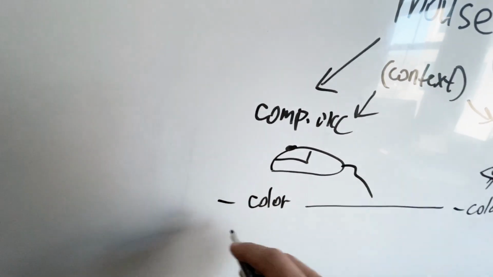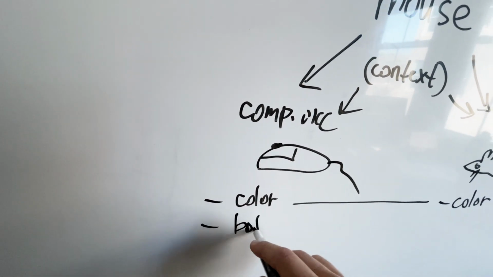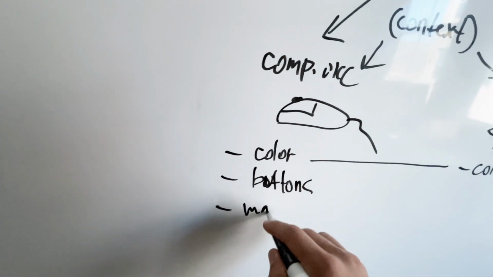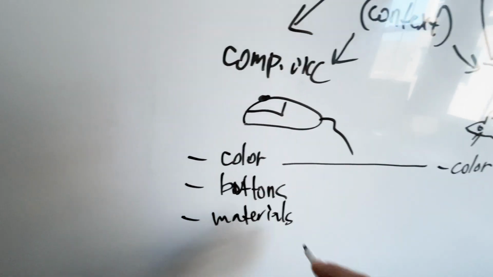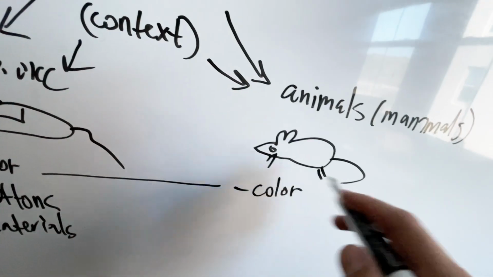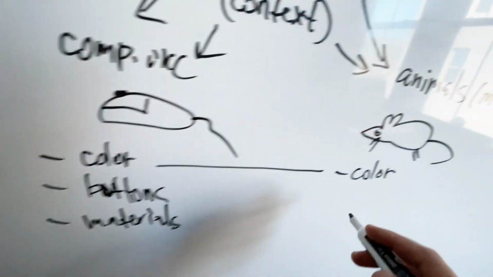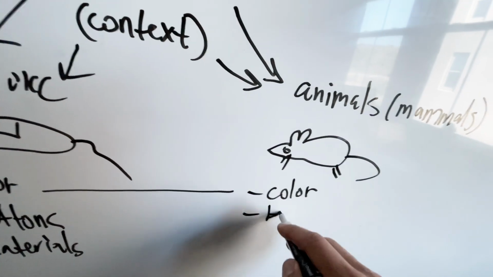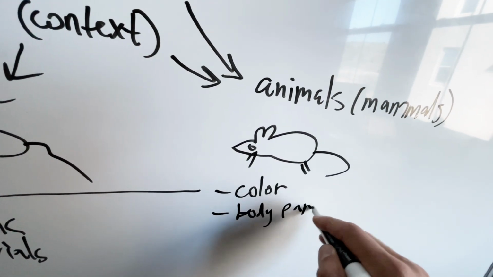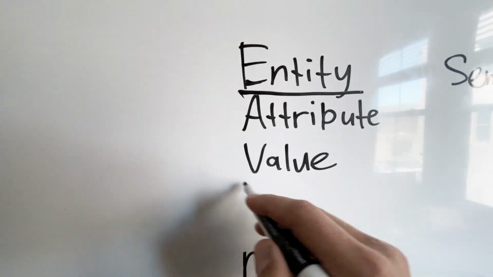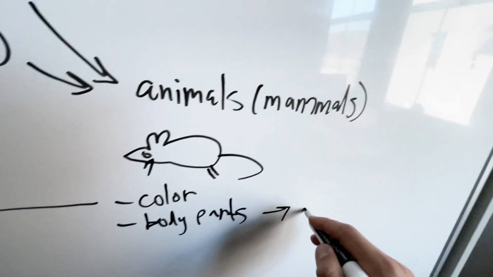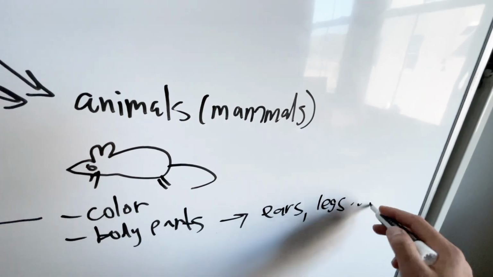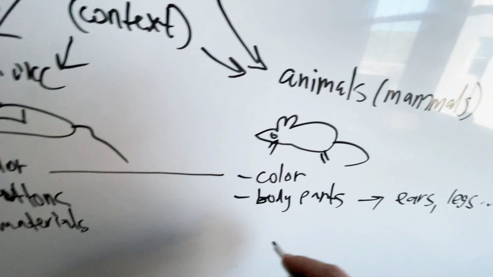But this has also buttons. This has materials. You cannot say a mouse has a button, or it has materials. This kind of a mouse has a color, it has body parts, and you can go look for values like ears, legs, and other types of body parts, right?